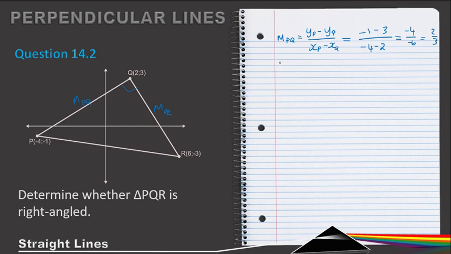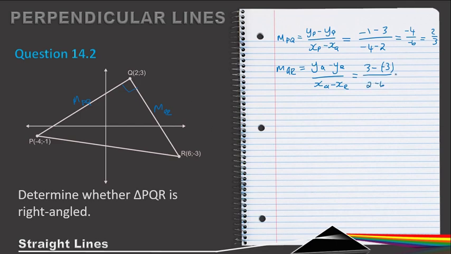Okay, then to find gradient of QR, yQ minus yR over xQ minus xR. Let's substitute. So yQ is 3 minus -3 over 2 minus 6.